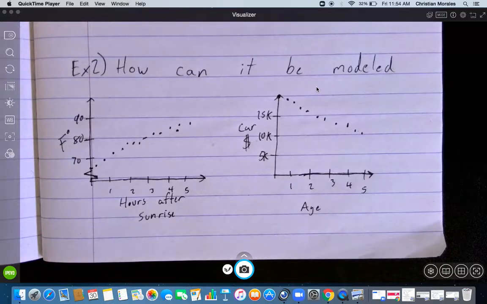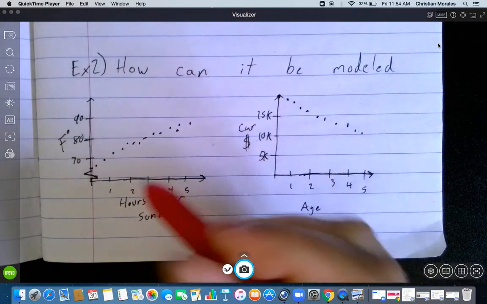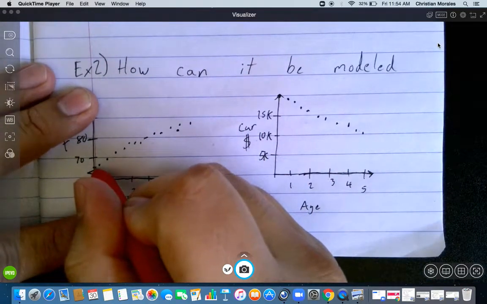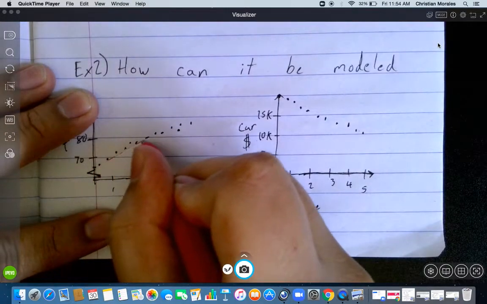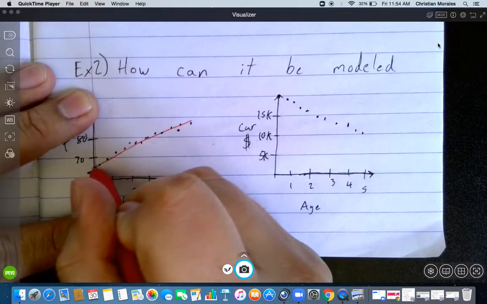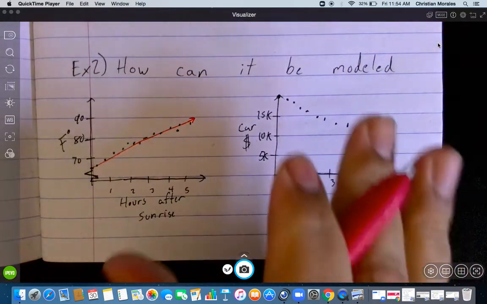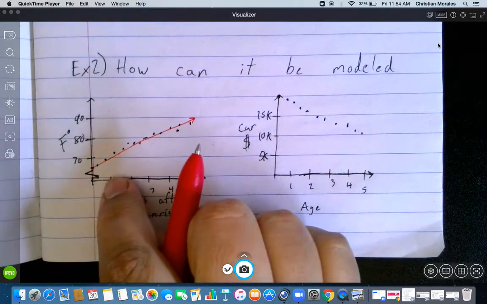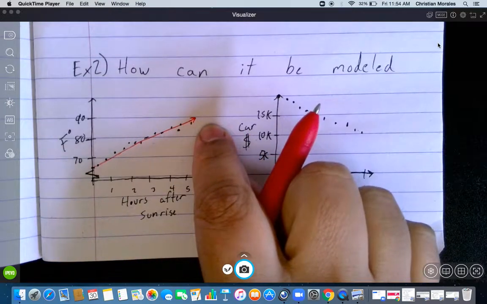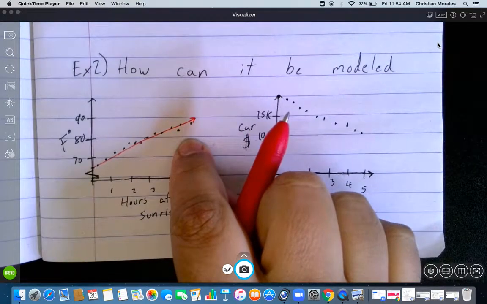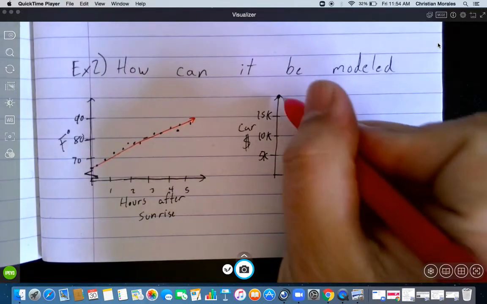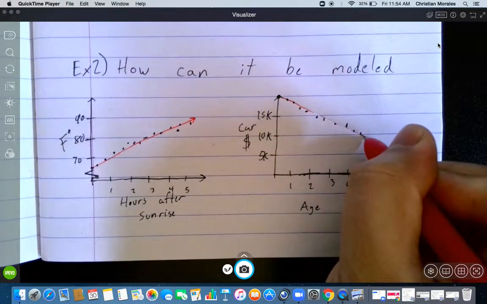So in this case, I'm sorry about that. In this case, we see if we draw a line, the line would be something like this. Now, you have to understand something. I'm not trying to connect all the points. I'm actually just trying to figure out which way the points are going in a straight line. So you're not going to touch all the points.